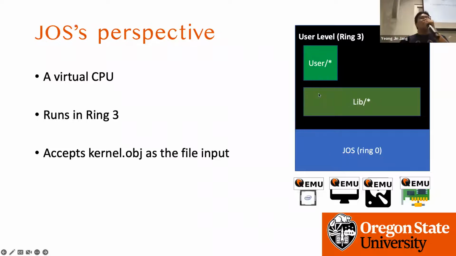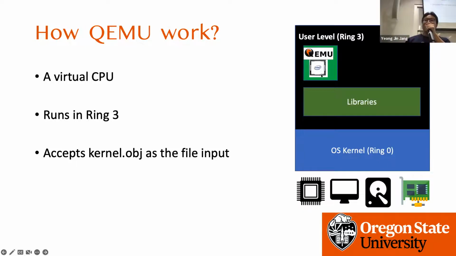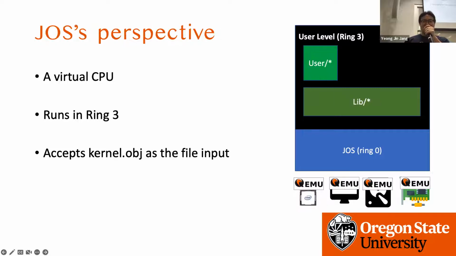But from our JOS's perspective, running inside QEMU, it looks like this, but the entire thing is actually inside here. So none of these are in Ring 0. But QEMU virtually creates a virtual Ring 3 and Ring 0, and controls it internally. That's how we can run another Ring 0 and Ring 3 in there.